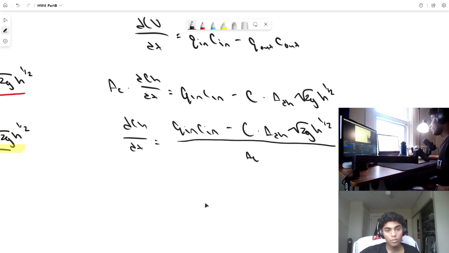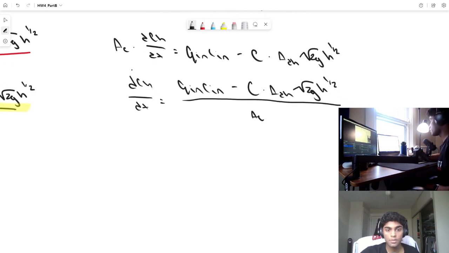Now, when we look at this derivative here, we notice that there's a product rule going on, and the product rule is between this concentration and height. So essentially, what we're getting here is the concentration times dH/dt plus the height times dC/dt. And that's equal to all this.